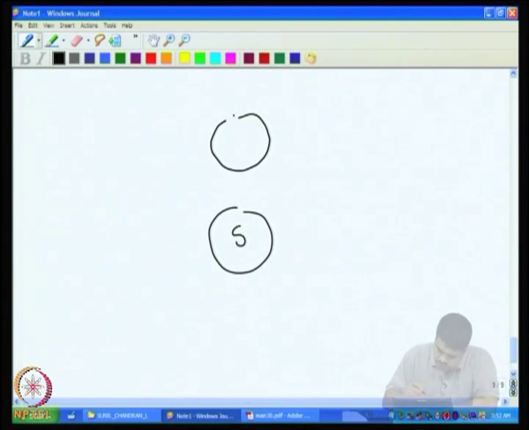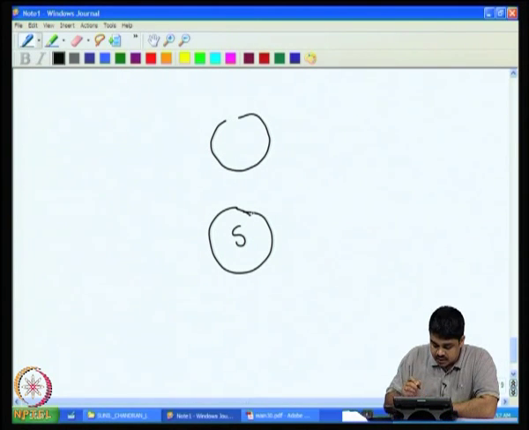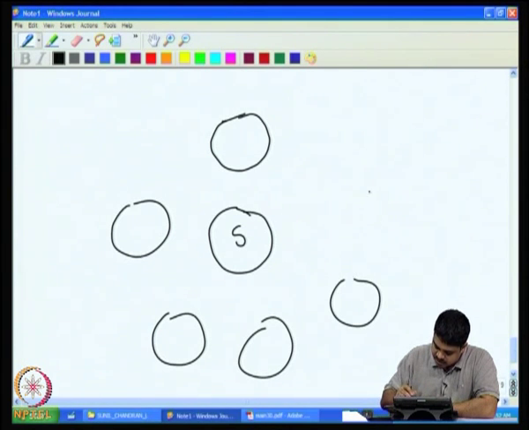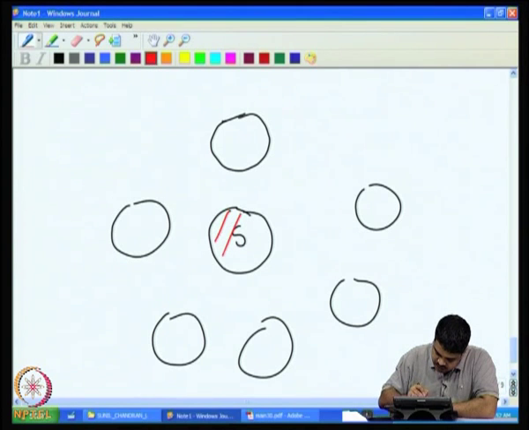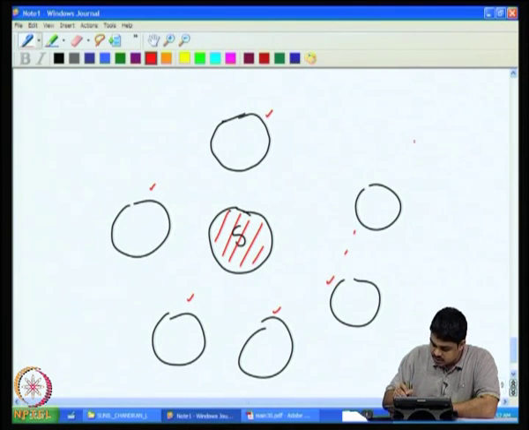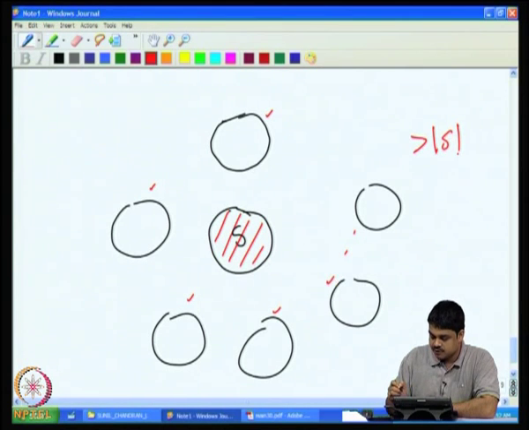Now, it so happens that the number of components that resulted is more than S. So, the number of components we got in the resulting graph when you remove this S, 1, 2, 3, 4, 5, is greater than cardinality of S. So, it is not a tough graph, but is it possible that there is a Hamiltonian cycle in it?